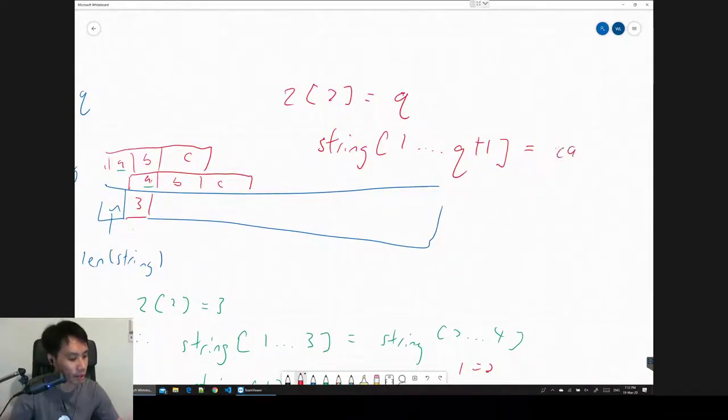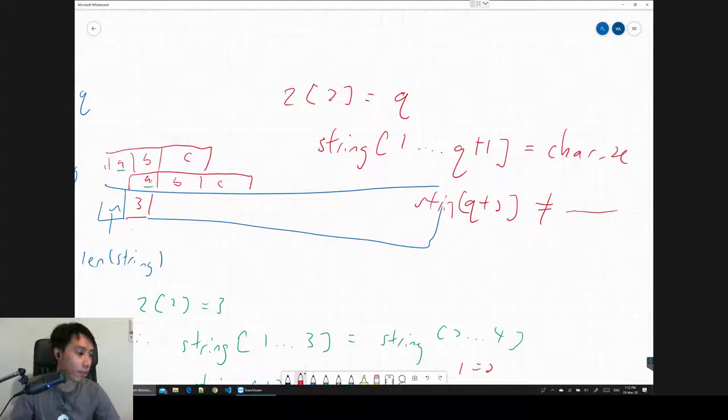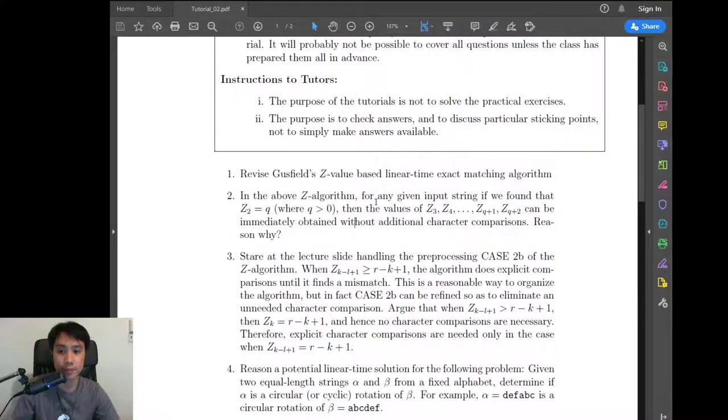Let's call it character X. And then the Q plus Q character, right, will not be the same as everything else. And it's the entire reason for the discussion of question number 2, as you see here, right? For any input, if we find that Z at position 2 equals Q, then we know the 3rd, 4th, 5th, and 6th character instantly, right?